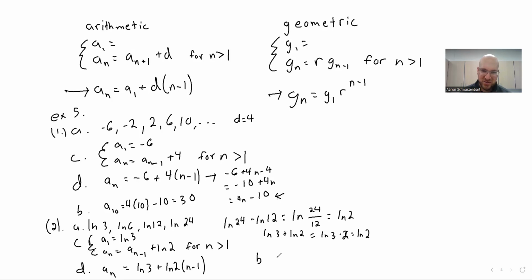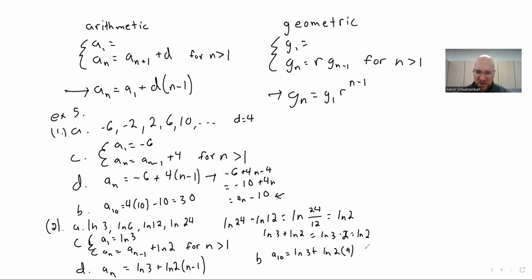Now I want the 10th term. I'll call that a sub 10. No, I don't need two equal signs. That's got to be a plus. 10 minus 1 is 9.